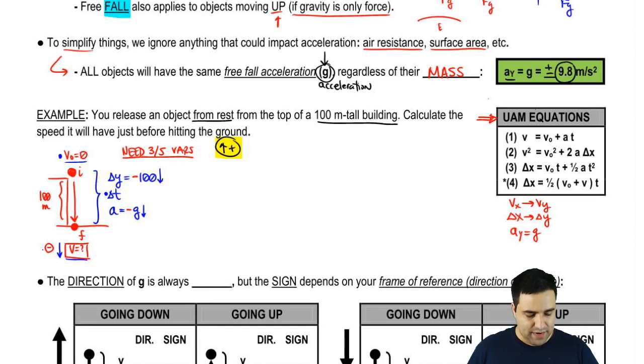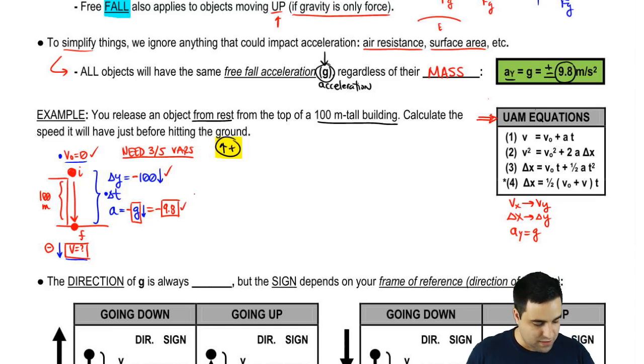Okay? So now all we have to do is solve. This is going to be negative 9.8. Again, G is 9.8, but my acceleration is negative G, so it's negative 9.8. It's not that G is negative. G gets a negative tacked in front of it.